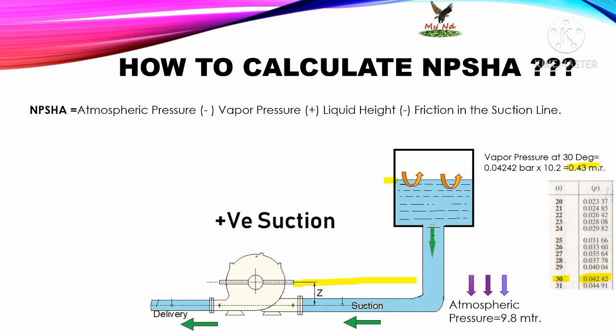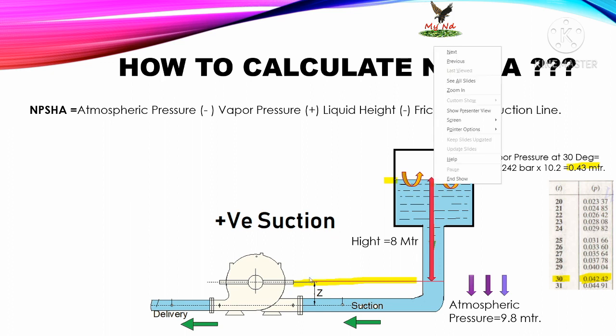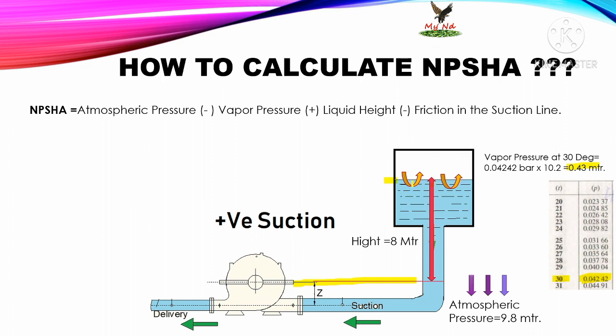Next one is liquid height. This is the liquid height, from the impeller center datum to the water level. Then minus friction in the suction line. Suppose our friction in the suction line is 0.3 meter.